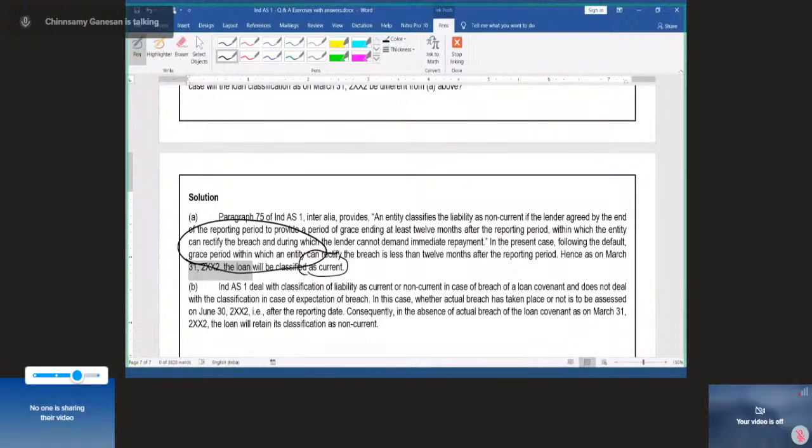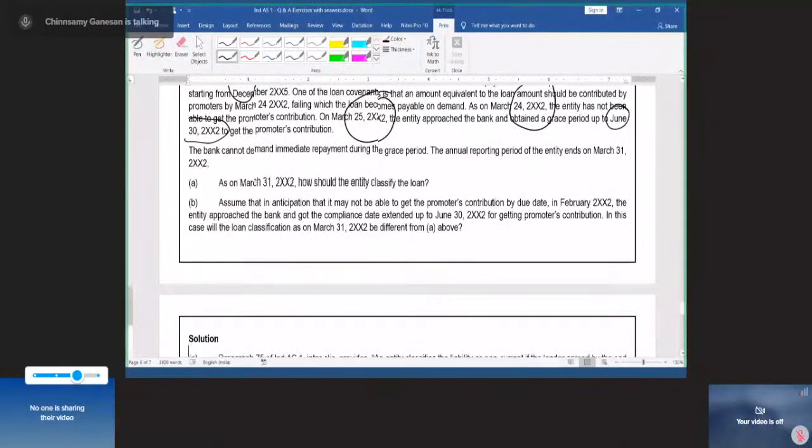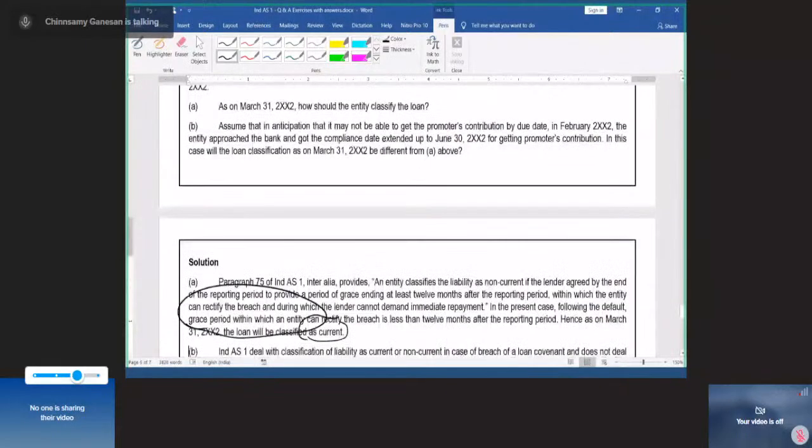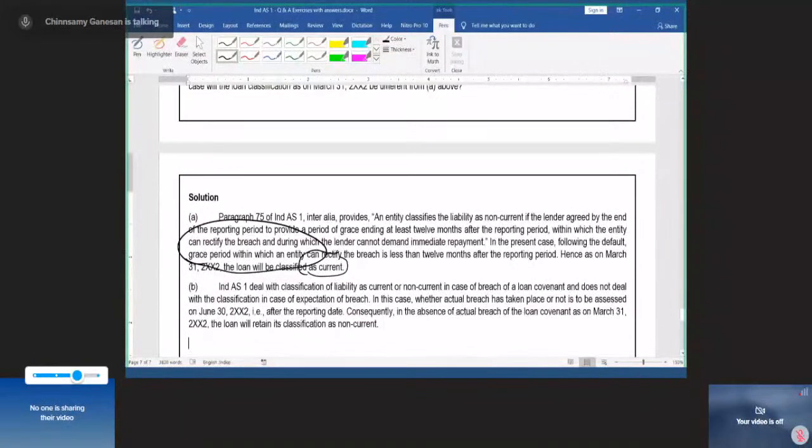Suppose, in the second question, what we are saying is that in anticipation that it may not be able to get the promoter's contribution, the entity approached the bank and got the compliance date itself extended. The original compliance date is 24th of March. The compliance date for bringing the promoter's contribution, they got it as June 30th, 2012. What would be the situation? In that situation, as on 31/3/2012, I do not have any breach of covenant because the condition itself is postponed to the subsequent period, and because the condition is not applicable as on 31/3/2012, I do not have any impact.